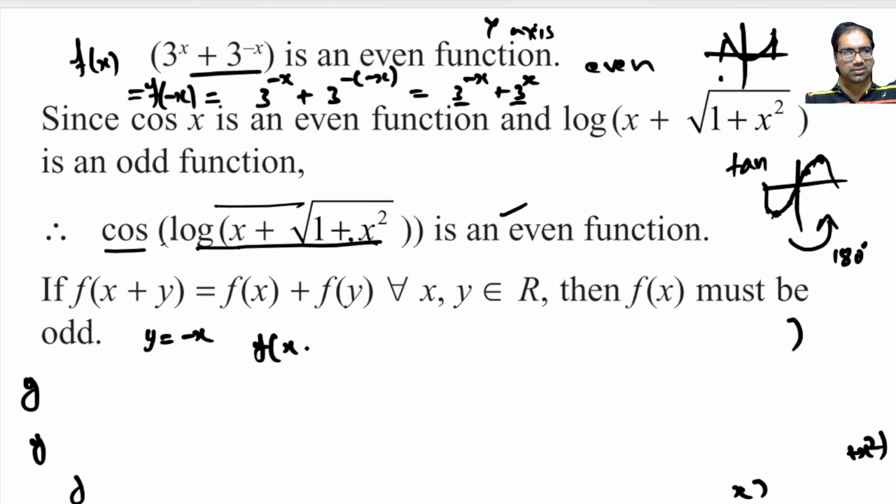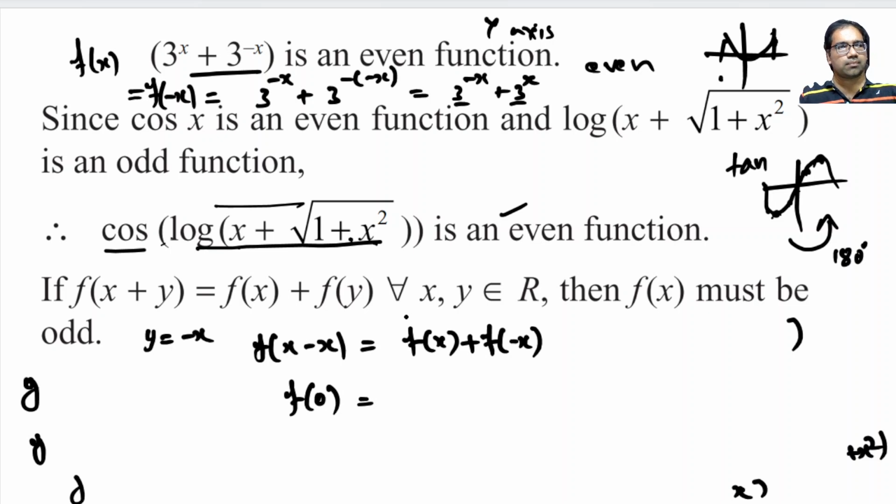F of x plus minus x, that is f of x minus x, should be equal to f of x plus f of minus x. That means f of 0 is equal to f of x plus f of minus x.